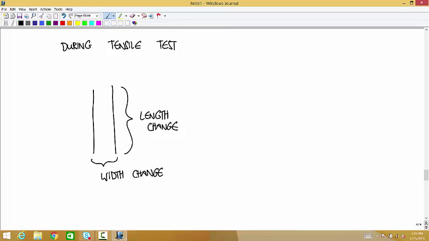And in general, if you pull on a material in one direction, it's going to contract in the other direction. And if you push on it in one direction, it's going to bulge out in the other direction.